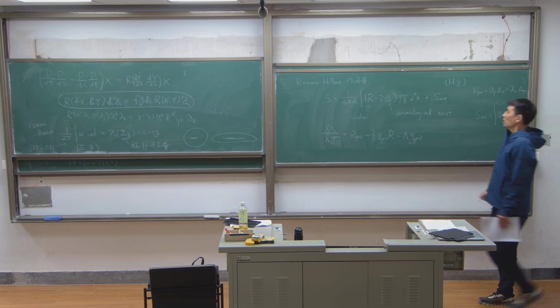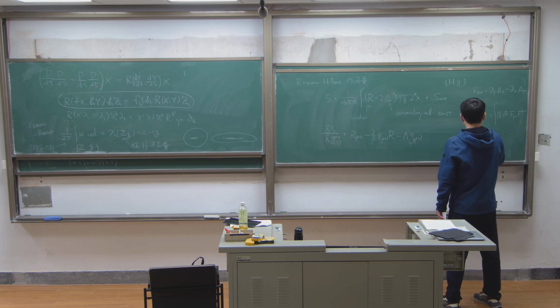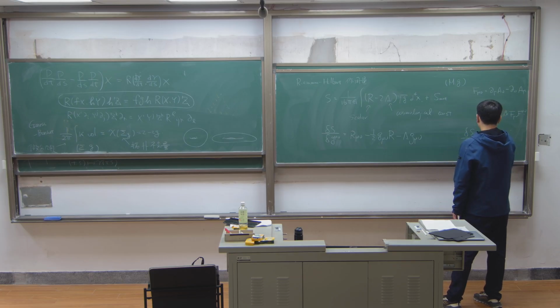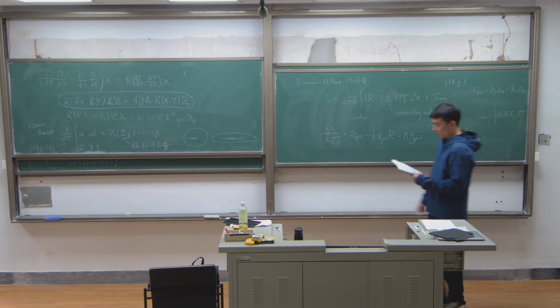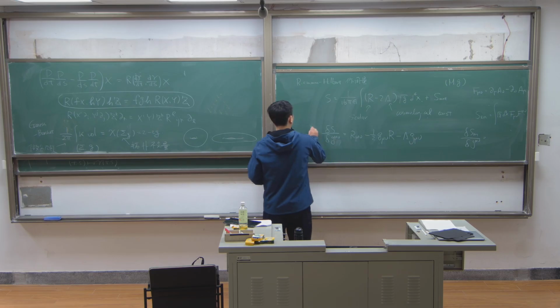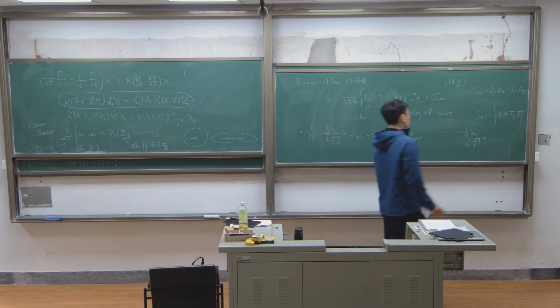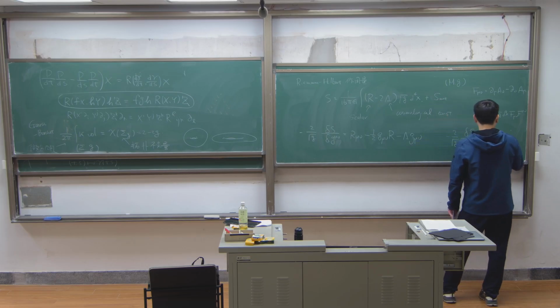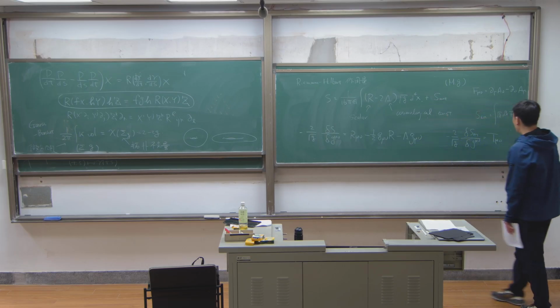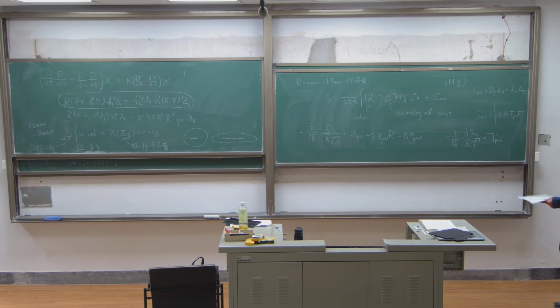And then if you vary the matter action with respect to g_μν, oh sorry, I think I have to properly normalize, you get the following quantity, T_μν.